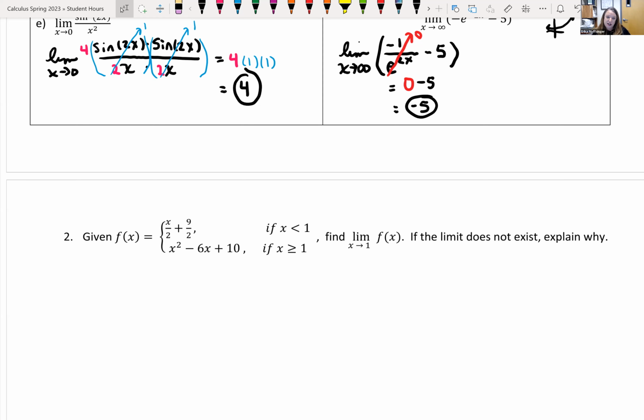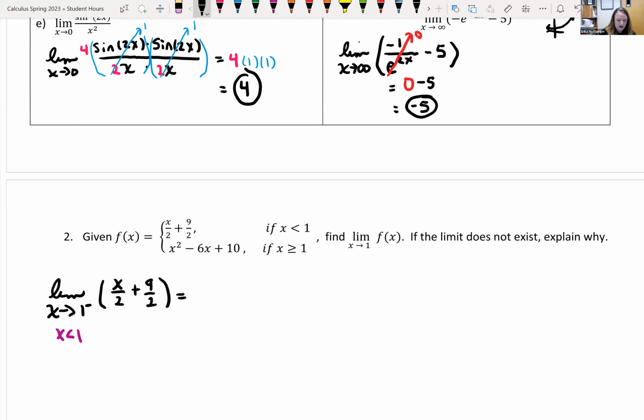So since I'm changing equations at 1, I want to look at my limit on the left-hand side. So I'm looking at the limit as x is approaching 1 on the left-hand side, which means I'm choosing values close to 1 but less than 1. So if I'm choosing values close to 1 but less than 1, that tells me I need to use my first equation, x over 2 plus 9/2.